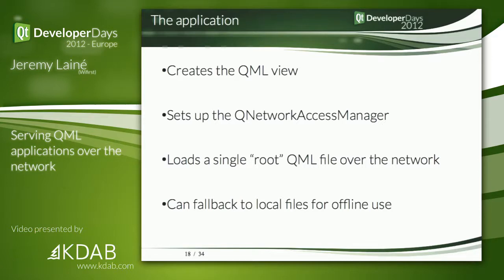And you're possibly going to need some sort of fallback mechanism in case you're unable to load the QML code over the network, possibly falling back to a fixed version of your QML and resources, which is bundled with the application, so that you actually have something to display to your users.